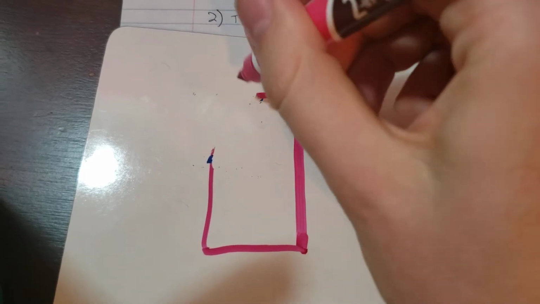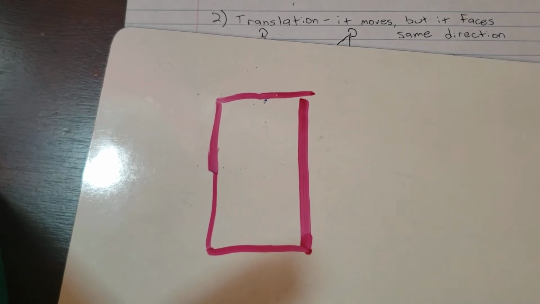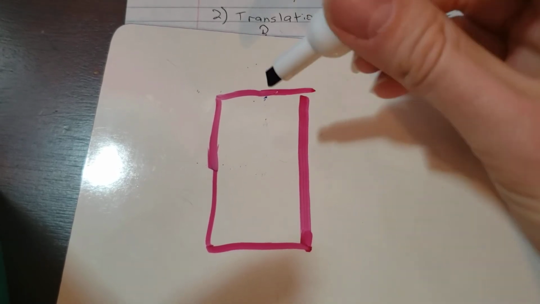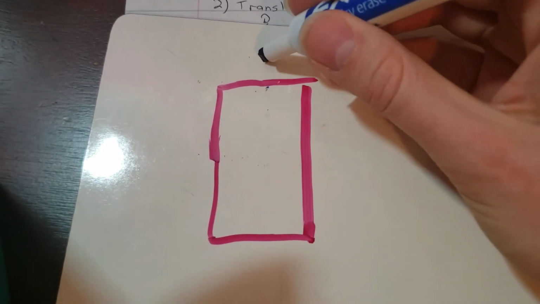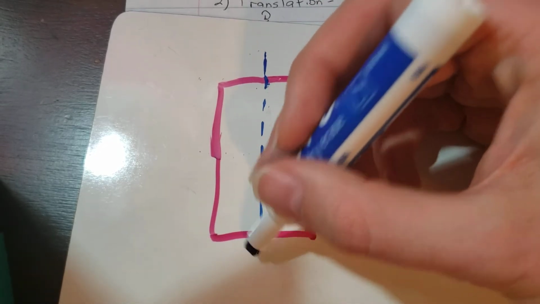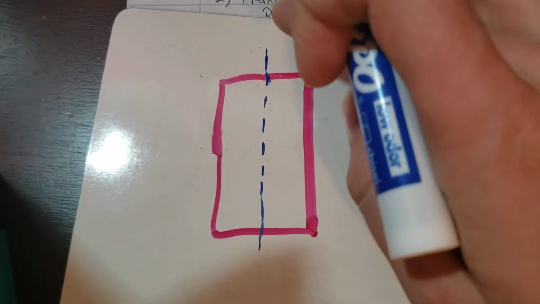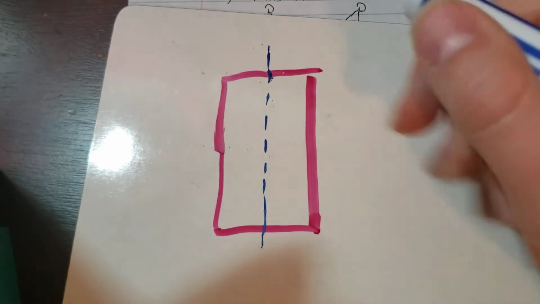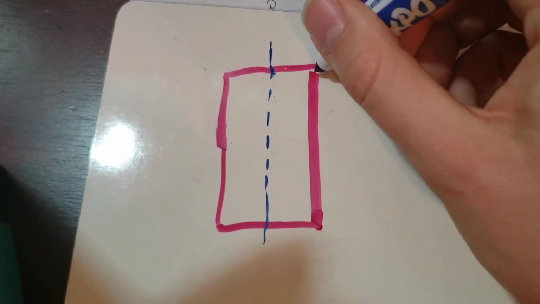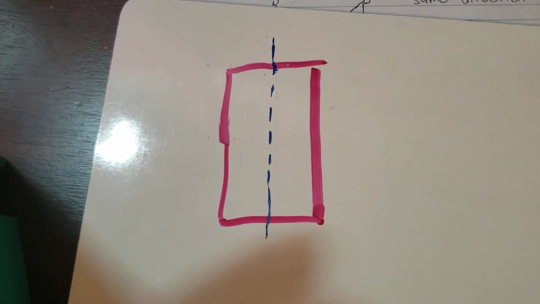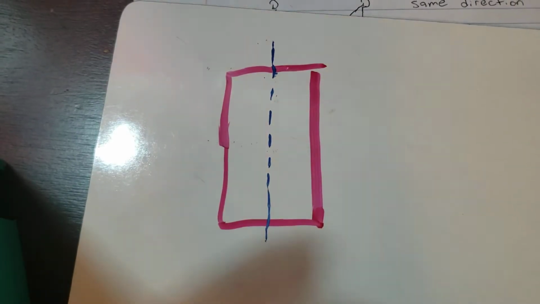Okay, so what I can do is, what if I fold it straight down the middle? If I fold it straight down the middle, this will flip over and it'll match up my corners. That is a perfect line of symmetry.